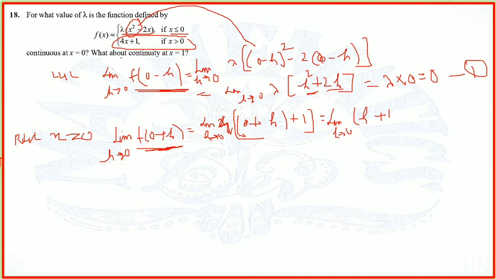When we take this limit at 0, when x is greater than 0, we have already put 0 plus h here. So this should be 4 into 0, and then 4 into h, that is 4h, and then plus 1. Then taking limit h tends to 0, this should be equal to 1.